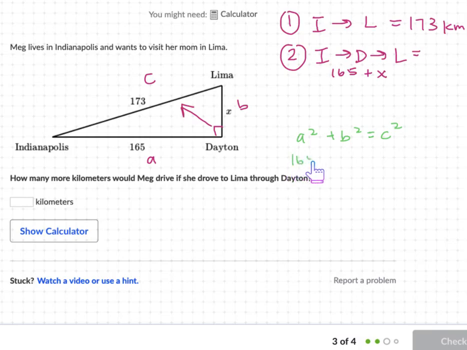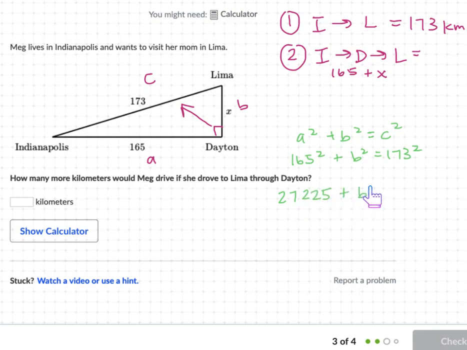A is 165 squared, b squared is by itself, and c squared is 173, oops, not cubed, squared, only 2 times. In my calculator, I'm going to figure out what 165 times 165 is. That is a huge number. I had to do it twice just to make sure. 27,225.